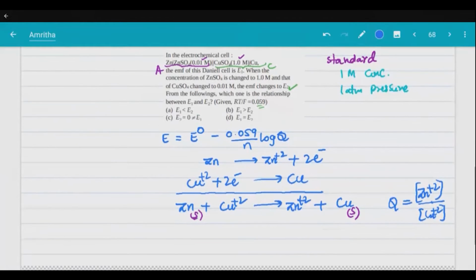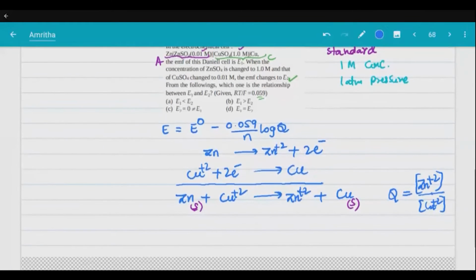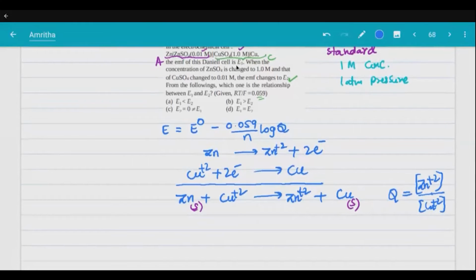So we'll write E1 quickly here. In E1, copper sulfate on the right side, look at Q: the denominator is 1, but the numerator is 10 power minus 2. That is E1. Okay, so let us try this.